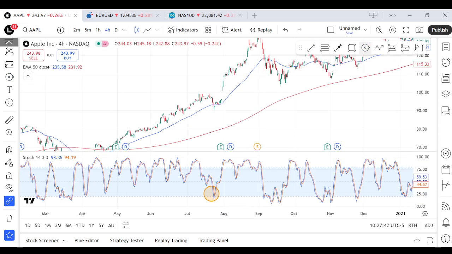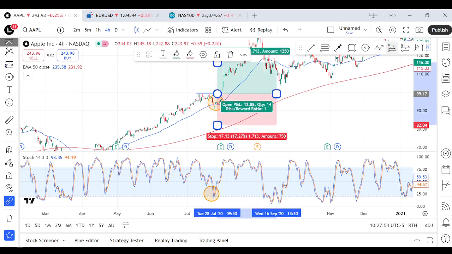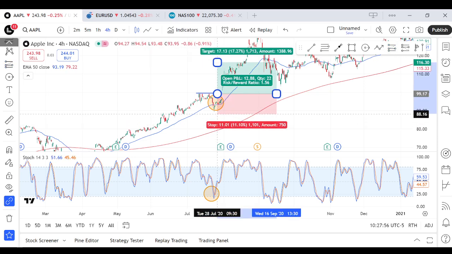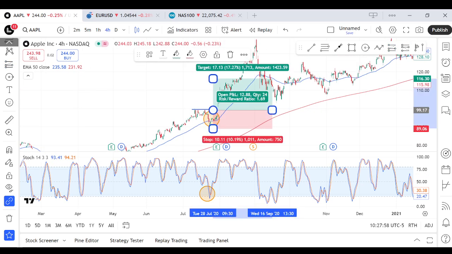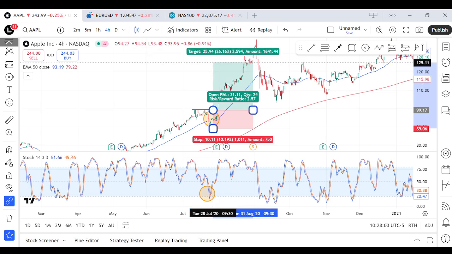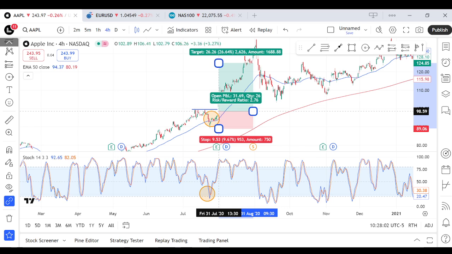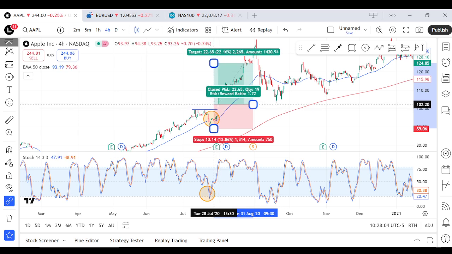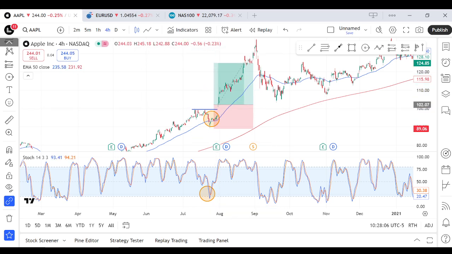And you can see that confirmation here also. We have the break of market structure and a buy from here. It's very simple. A stop loss below that swing low, and take profits at 1:2 or 1:3, depending on your preference. So that is it for this long setup.